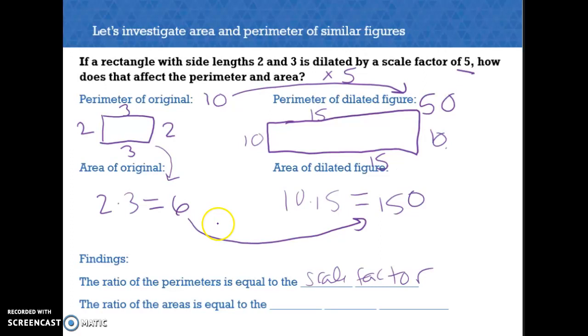You multiplied by 25. So think about that. That is the scale factor squared, right? It's not 5, but it's 5 squared, which is 25, that we multiplied by. Which kind of makes sense because remember the area is squared. The units are squared. We are multiplying length times width. It's not just a length. Okay, so think about that.